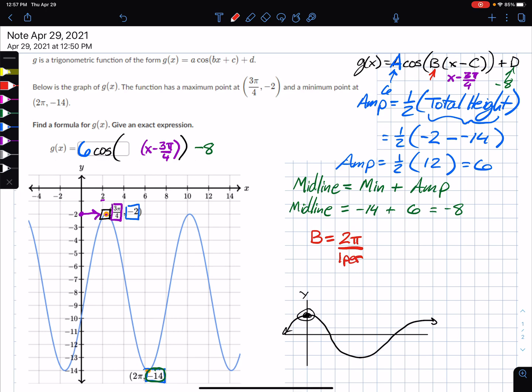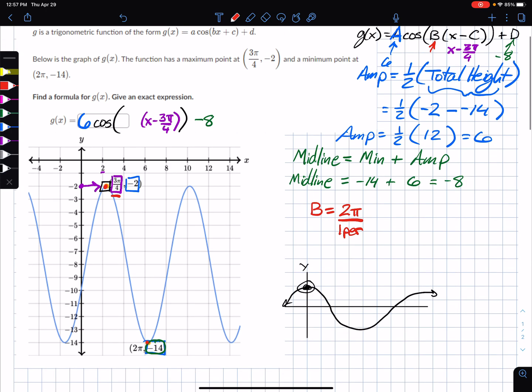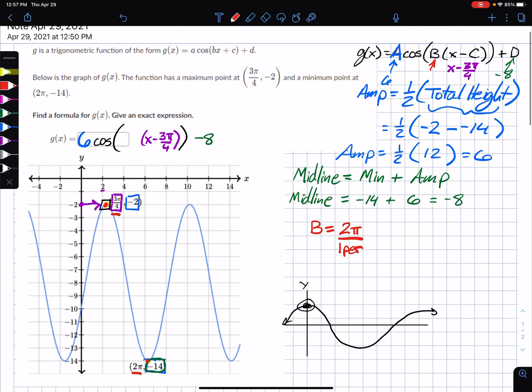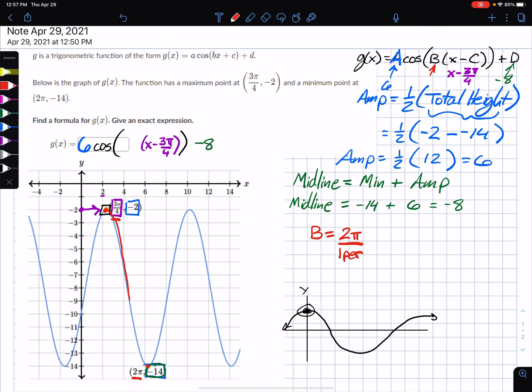Okay. Now, there's a couple things we could do here to find period, but I want to keep it simple. We can see that from the points we're given, from an x value of 3π/4 out to an x value of 2π is exactly half of a cycle, okay? If we continued with the rest of that curve up to the peak again, that would be a full period. So we want to know what one full period is, but all we know for beginners is half a period.